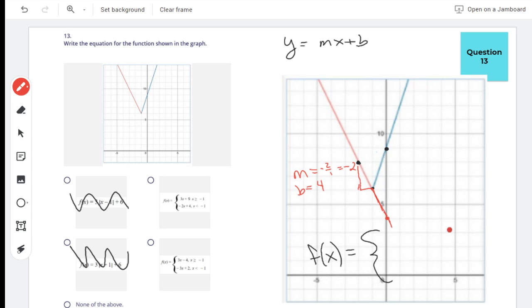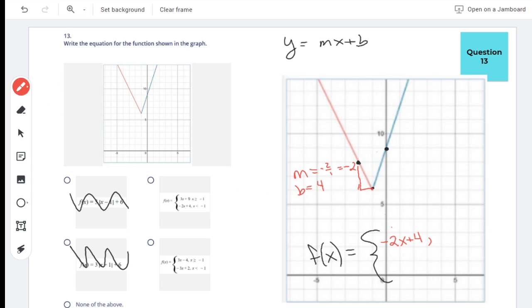So plugging into mx plus b, my m of negative 2 goes times x, plus 4. We'll talk about the domain here in just a moment, so just leave a comma and we'll get there.